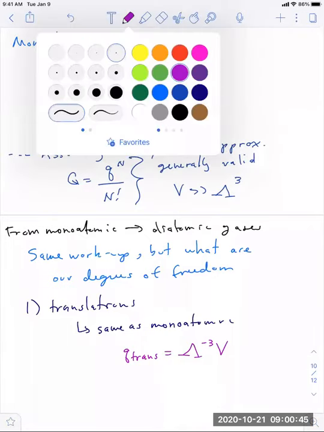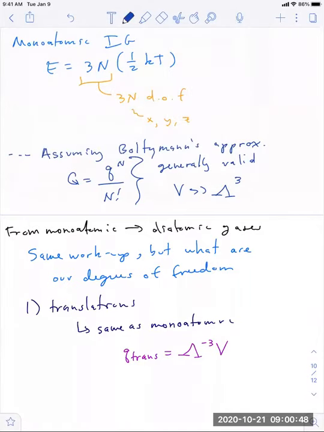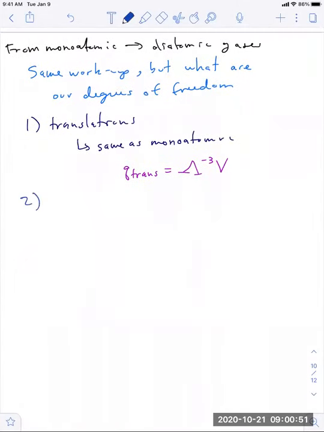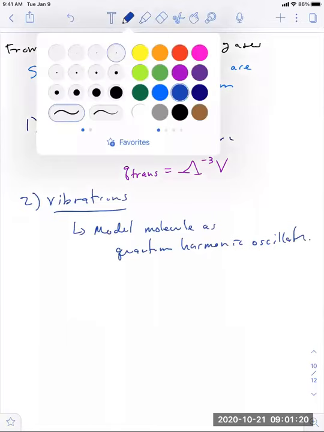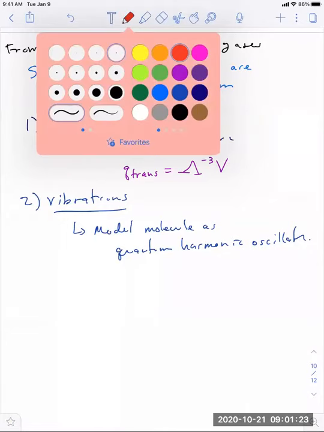But now, because we have a chemical bond in each of our particles, in addition to translations, we also have vibrations. And to get after these, we're going to model our diatomic molecule as a quantum harmonic oscillator. So a harmonic oscillator looks something like this.